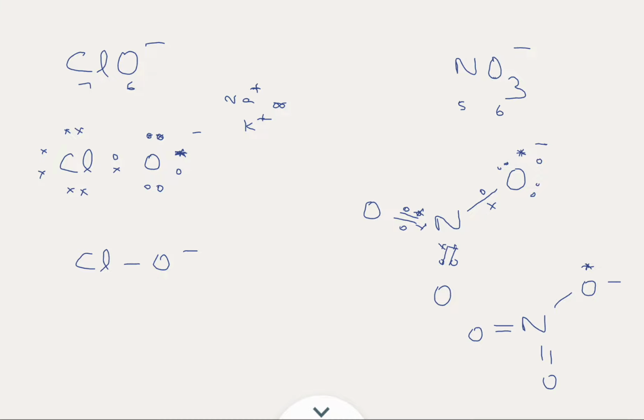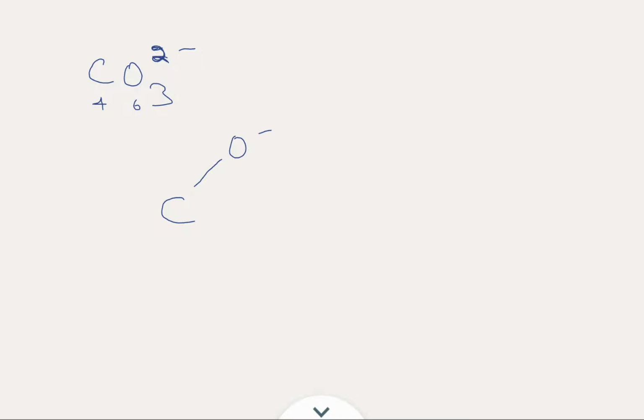Now the next one we are going to look at is the carbonate ion. In the case of the carbonate ion, you can see that there are 2 O 1 minus here. Carbon is in group 4, oxygen is in group 6. Carbon has 4 electrons in its outermost shell and it has a 2 minus charge, which means it has 2 of these O 1 minus.